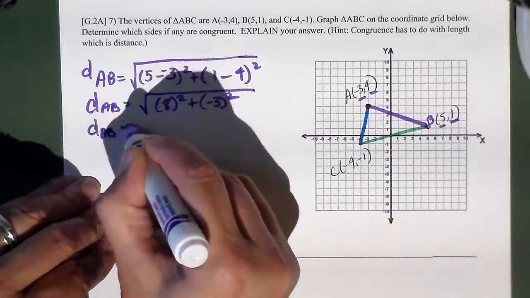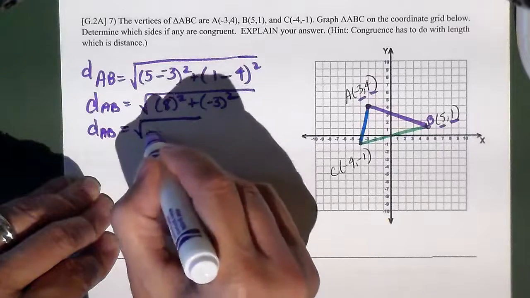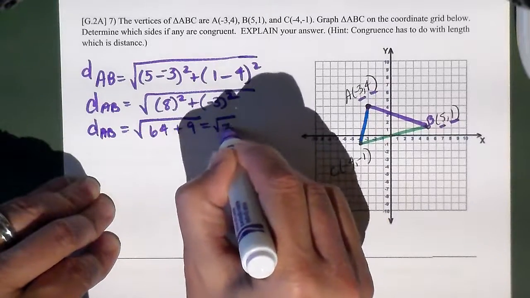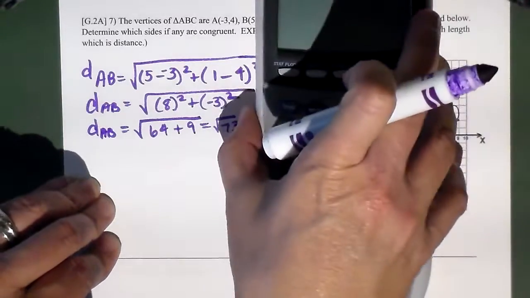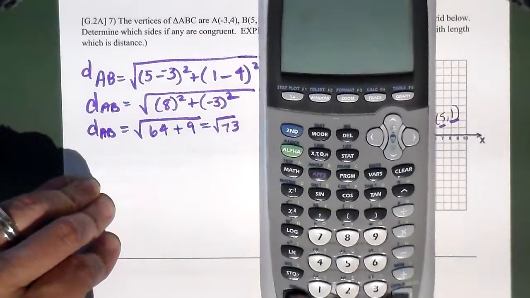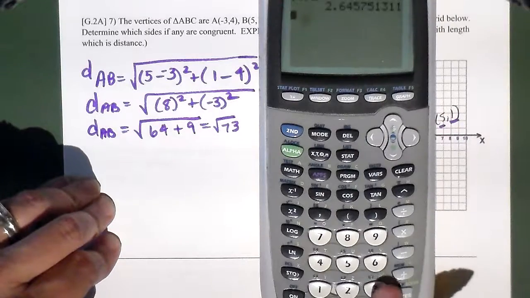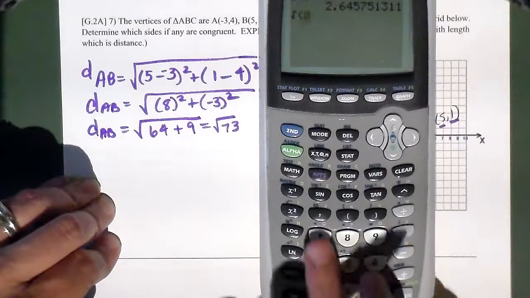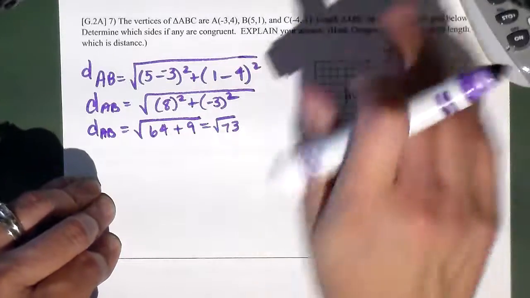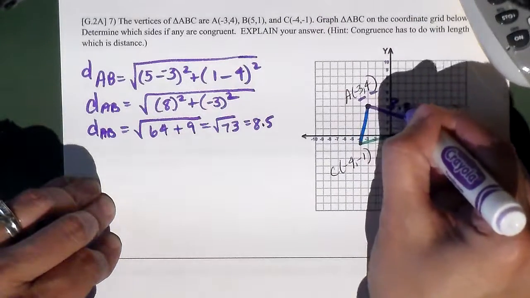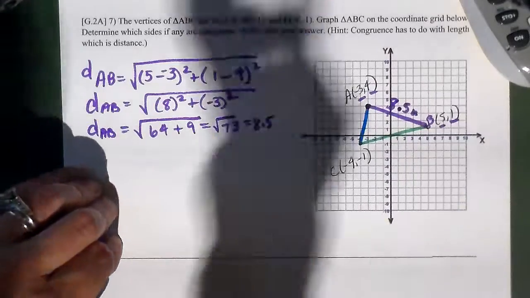So the distance from A to B equals the square root of 64 plus 9, which is the square root of 73. You will do the square root of 73 in your calculator. You hit second square root 73, and you have 8.5. All right, so AB is 8.5 units long. That's a little u, by the way.